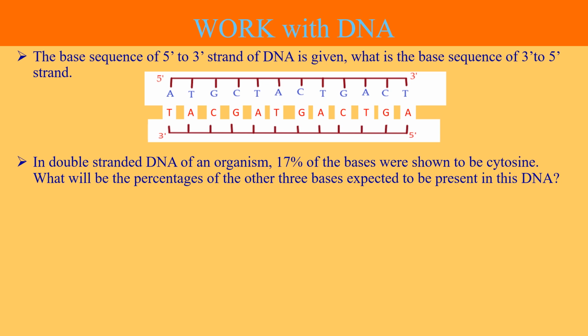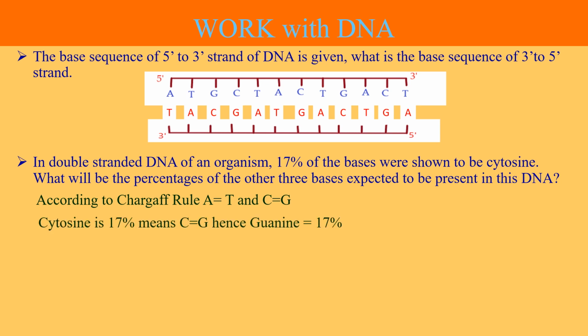This problem can be solved based on the Chargaff rule. According to the Chargaff rule, the amount of adenine is equal to thymine and the amount of cytosine is equal to guanine. Here they have given the percentage of cytosine amount, that is 17%. That means the cytosine amount is equal to guanine, hence the guanine amount is also 17%.